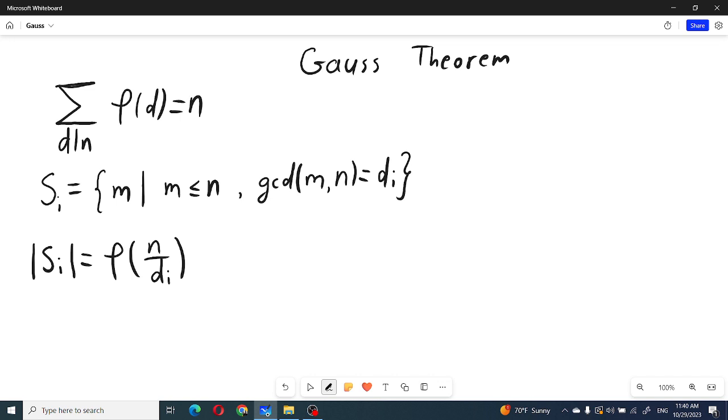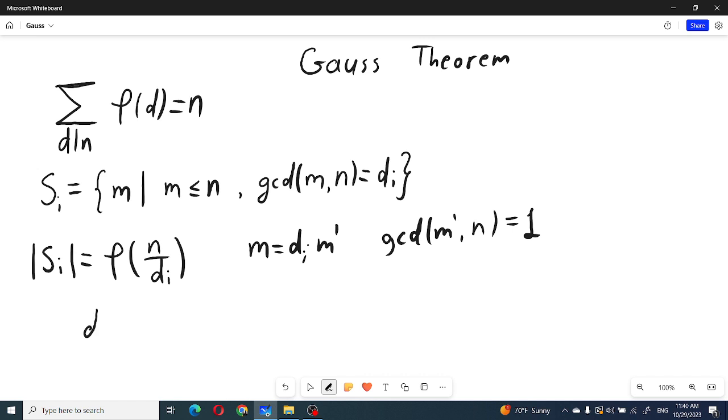To show this, we define m equals d_i times m prime. Then the GCD of m and n is d_i times the GCD of m prime and n over d_i, which equals 1. Now look at all numbers in S_i.